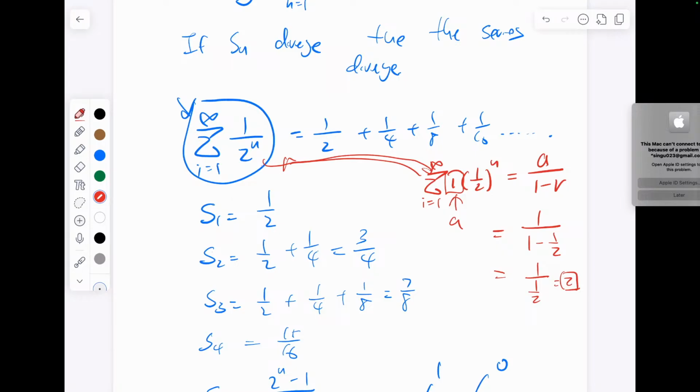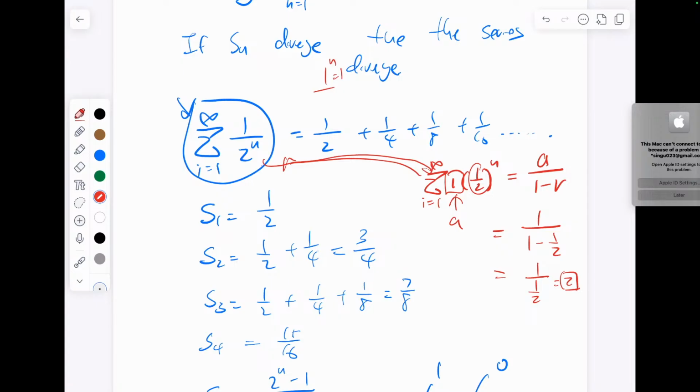Wait, what do you do with the n? Because the n is raising it to the 1/2. Yeah, but 1 to the n is equal to 1, right? So can I just put the whole thing to the n? Does that make sense? Or you could just leave it as plus one.